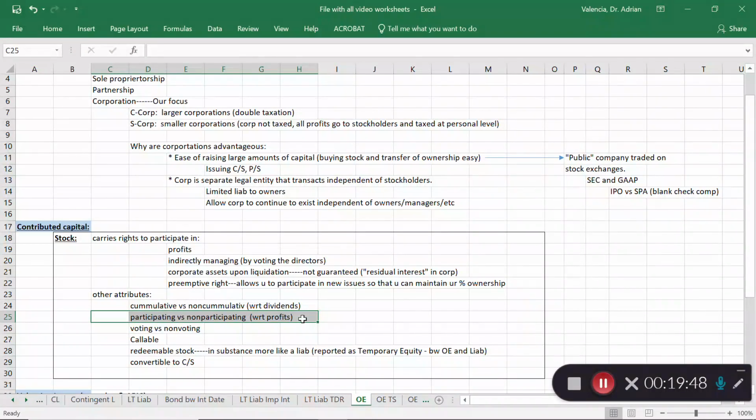Once you get your dollar, let's say a company has a really good year and they have high profits. Once you get your dollar, are you able to participate in additional distributions? And it all depends on whether that certificate is participating or not. If it is a participating preferred stock, then you would be able to receive additional amounts apart from the dollar. In other words, you'll be able to participate in those additional profits besides the dollar that you were given. Versus non-participating, you just get your dollar and that's it, dollar per share.